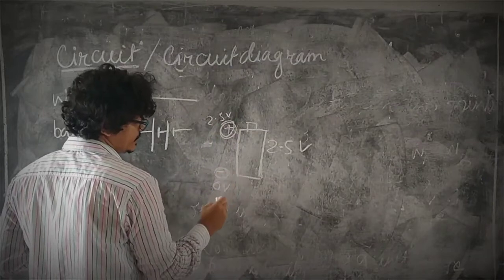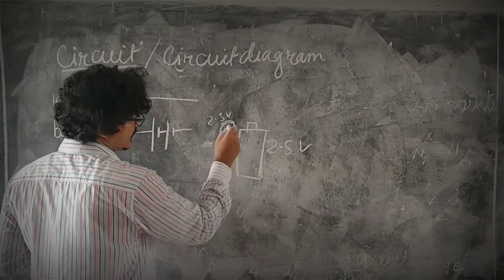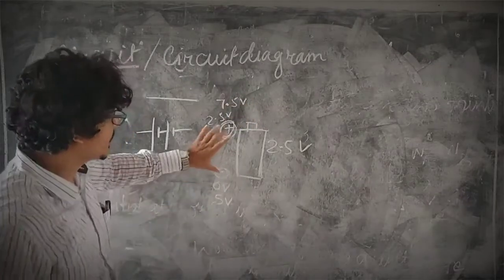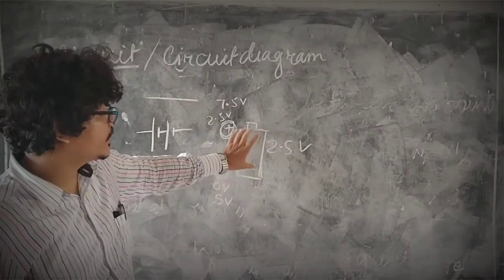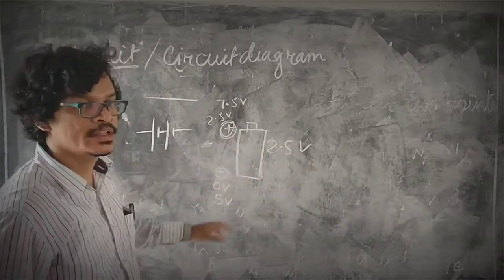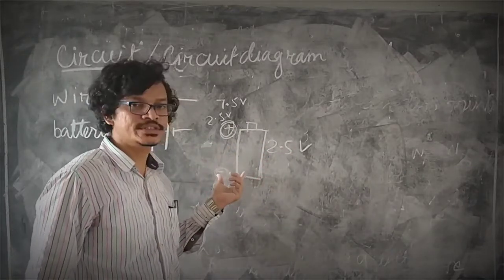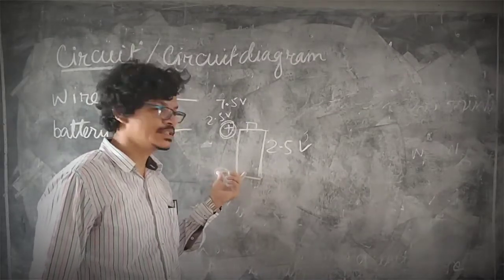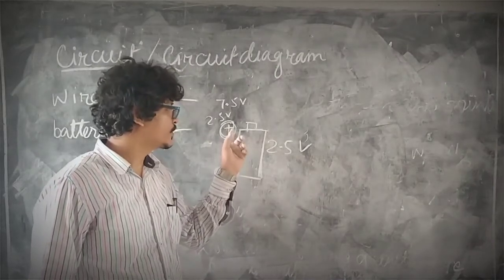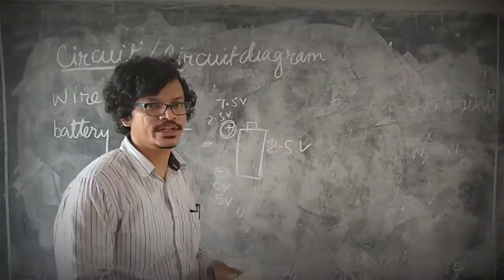If the minus side has 5 volt, then the plus side will have 7.5 volt. That potential difference is marked in the battery as 2.5 volt, with minus and plus signs.